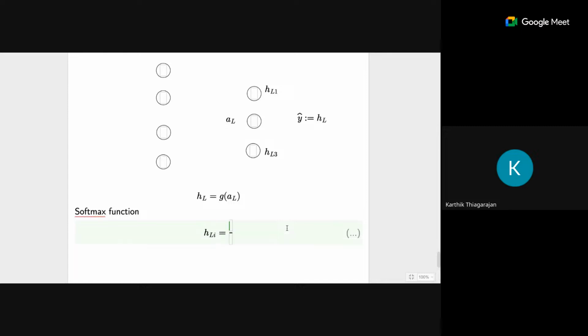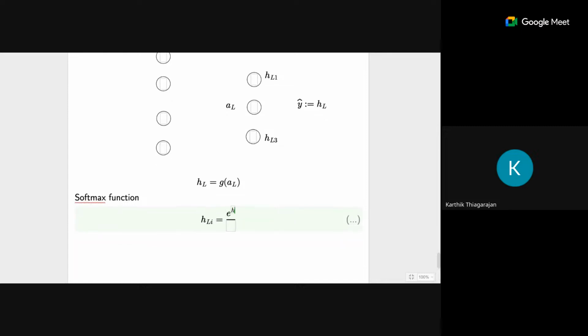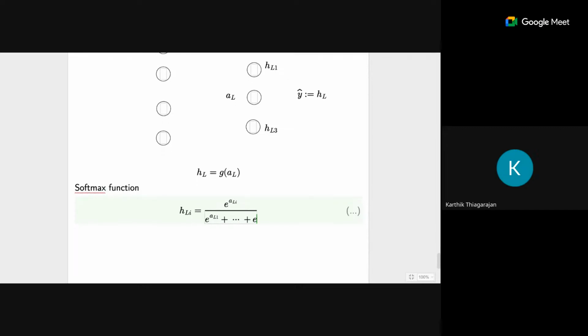So HLI is e power ALI divided by the summation, which I'll just write down for this example as e power AL1 plus e power AL2 plus e power AL3.